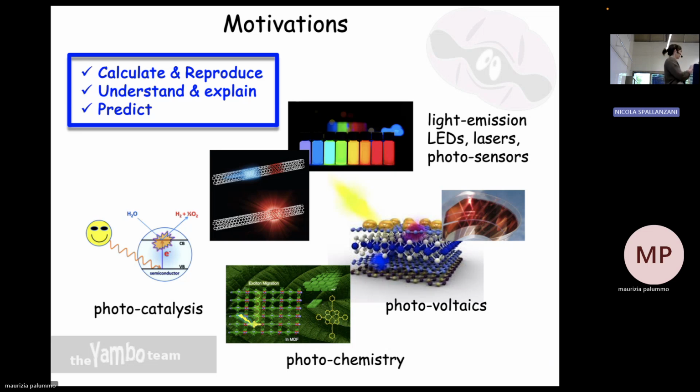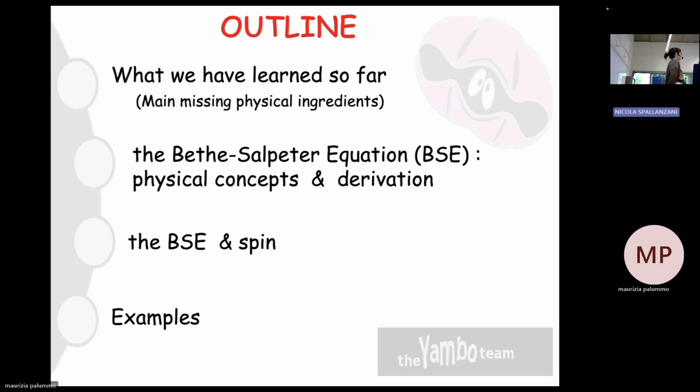And since it is in the framework of a mixed method, it is also able to predict the optical properties of new materials. In this sense, it can be interesting also to interpret the phenomena related to optical devices, for instance.